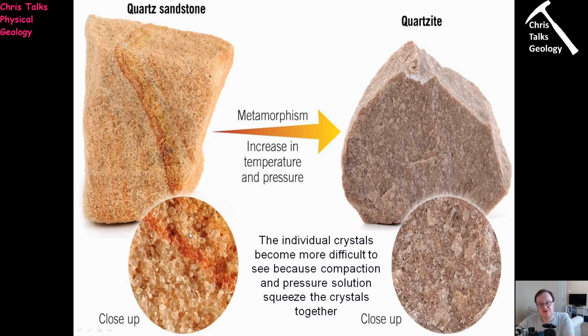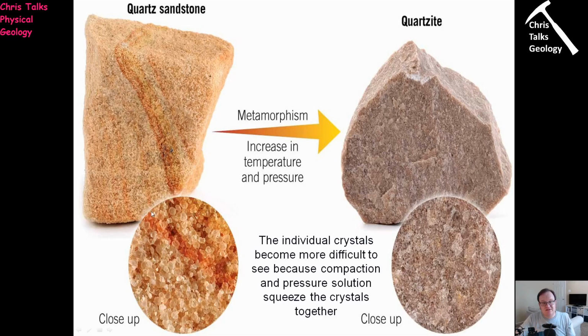Then, of course, we have pressure solution, which essentially forces the crystals to begin to merge into one another. And we've also discussed that when you have pressure solution, you will begin to form very small amounts of quartz liquid, and that quartz liquid will migrate away from the contact where the crystals are being pushed together, and essentially it will crystallize small quartz crystals in open spaces.